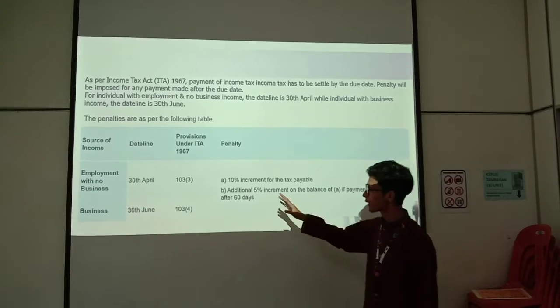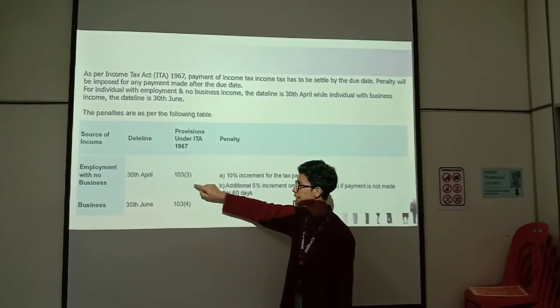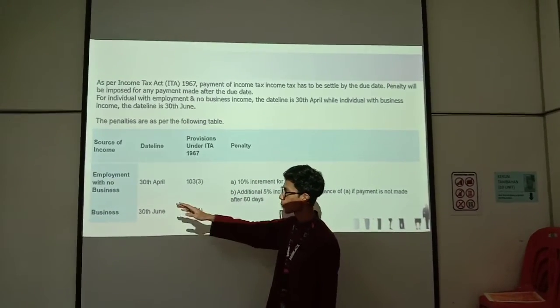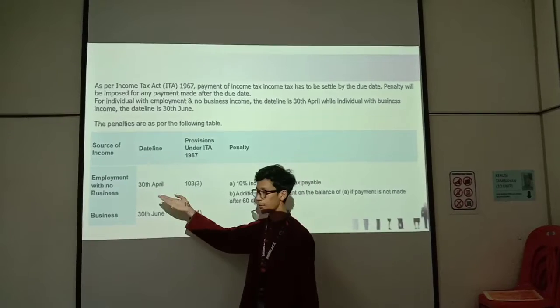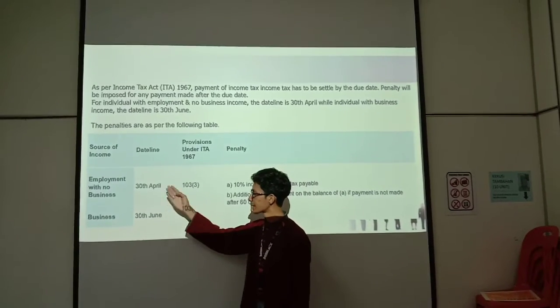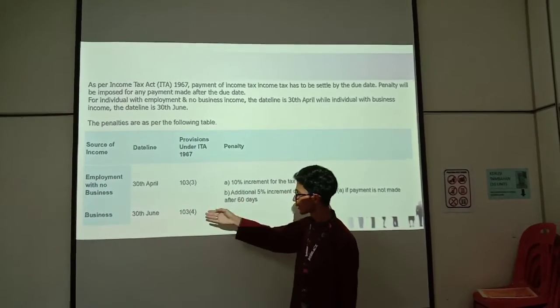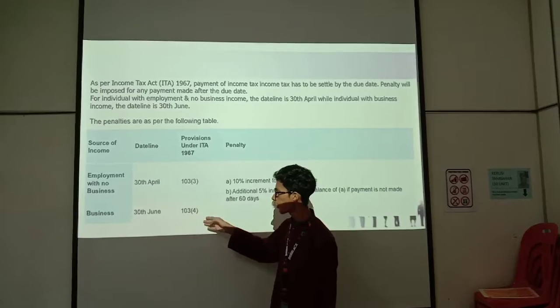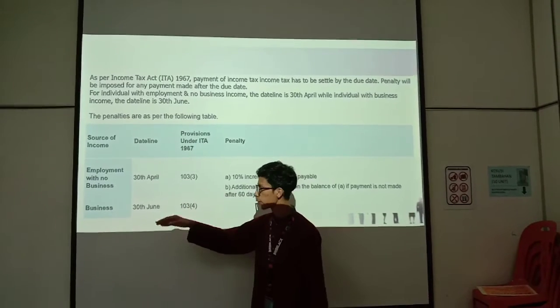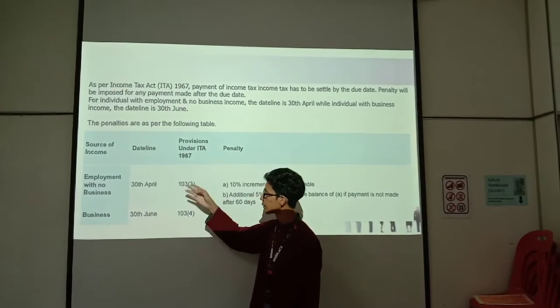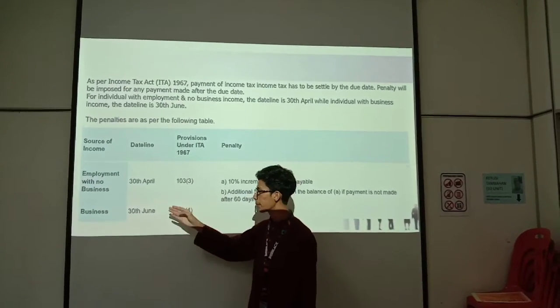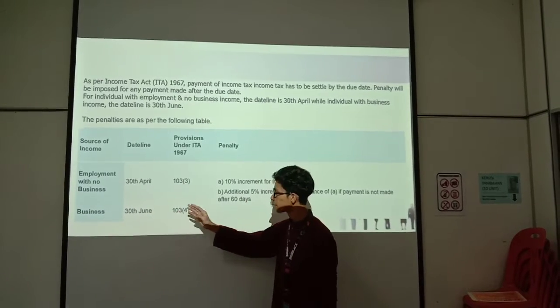Based on Act 103, the employment deadline is 30 April, and under Act 103(4), for the person with business, the deadline for the payment is 30 June.